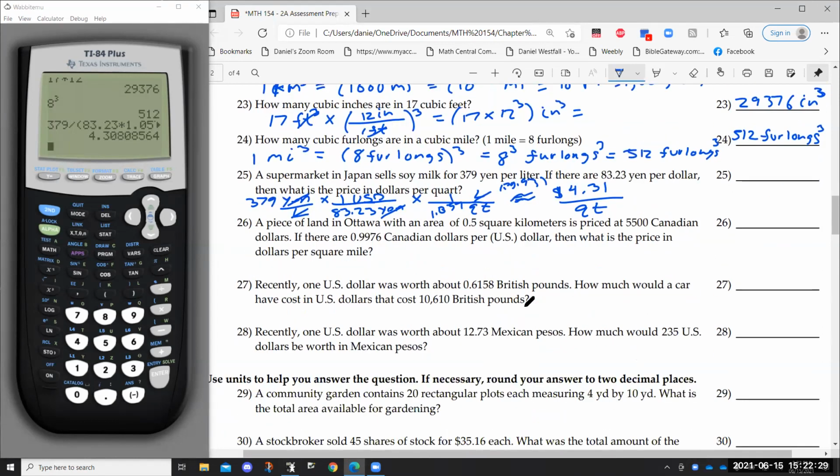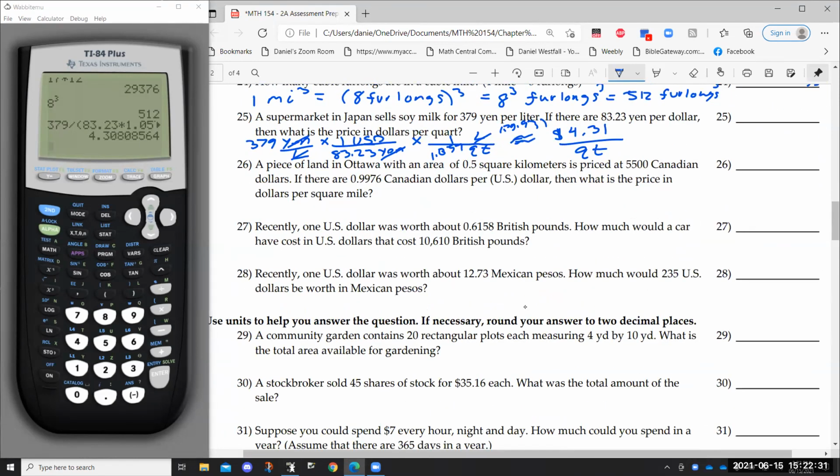Piece of land in Ottawa with an area of half of a square kilometer is priced at 5,500 Canadian dollars. So I'll call this CAD. I'll call the US dollars USD because we use the dollar sign for both of them. When I use the conversion factor here, it'll be CAD and USD.